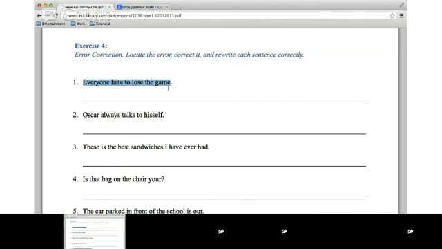We need to add a letter to a word that is not conjugated properly. We need to change a word to third person. Everyone hates. There you go. Everyone hates to lose the game.